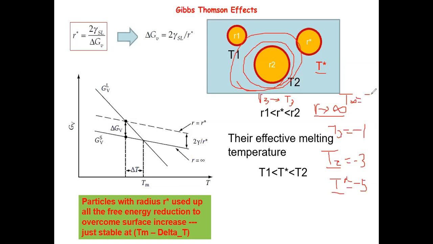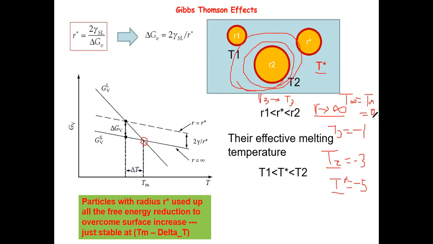This is going to be Tm, which is 0 degrees Celsius. Does that make sense? When the particle goes to infinity, there's no geometrical effect, no curvature anymore, and your thermodynamics just goes to the normal thermodynamics we all know, and the effective melting temperature is just the well-defined thermodynamic melting temperature.